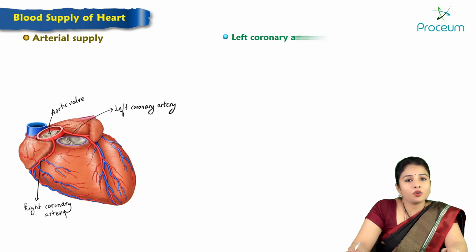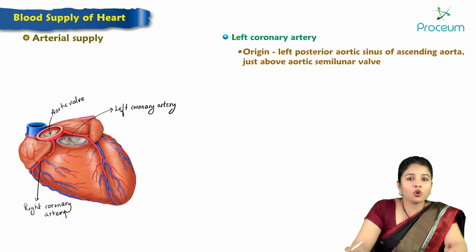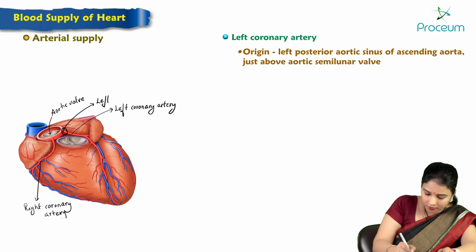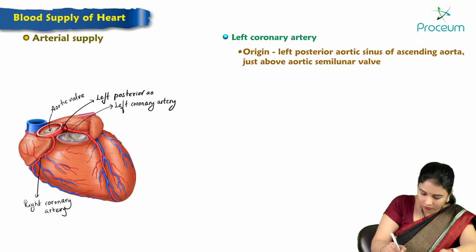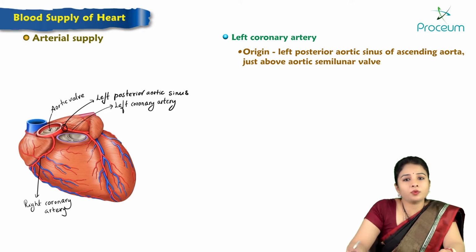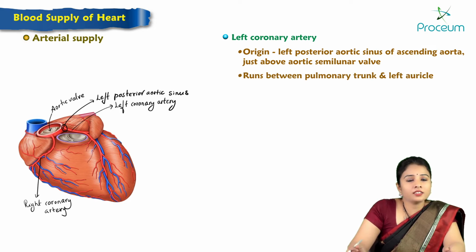Let's see the branches of the left coronary artery. The left coronary artery takes origin from the left posterior aortic sinus of the ascending aorta just above the aortic semilunar valve, and it runs between the pulmonary trunk and the left auricle.